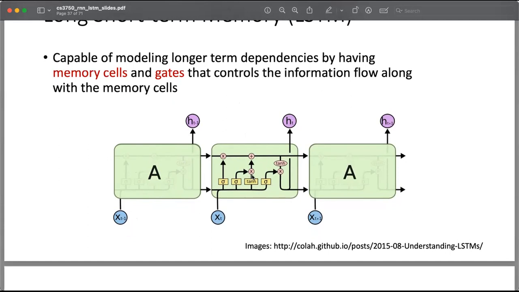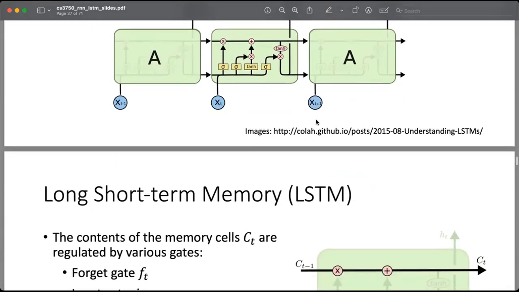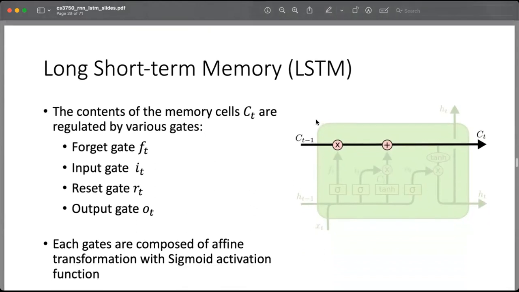A typical cell receives an input x of t and produces an output. This output is also fed into the next stage, as we discussed earlier. And this h of t, which you see here, is what is outputted from the network into the output layer, and then compared with the final result at a given time stage.